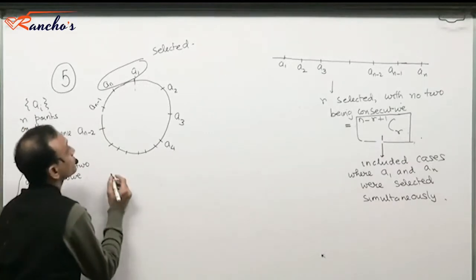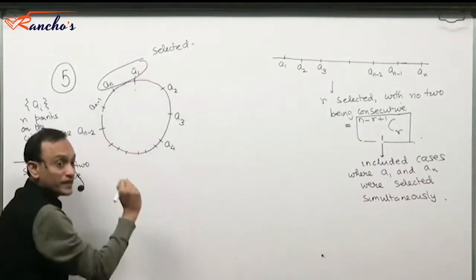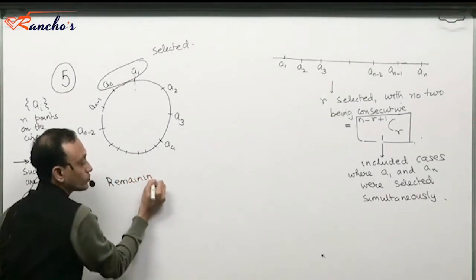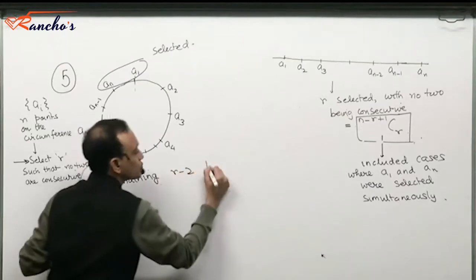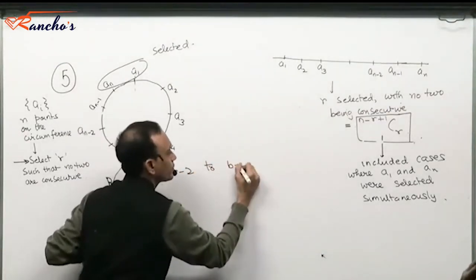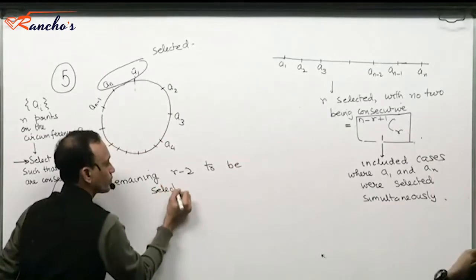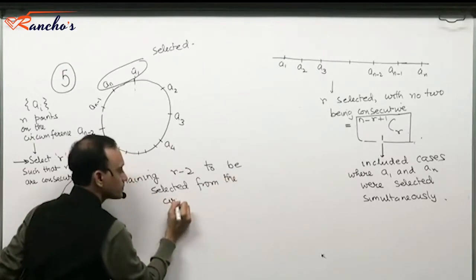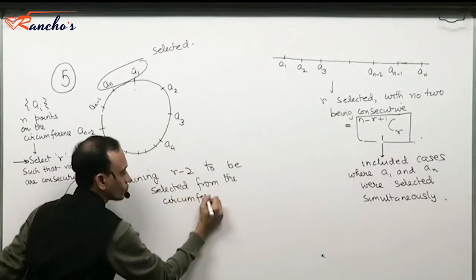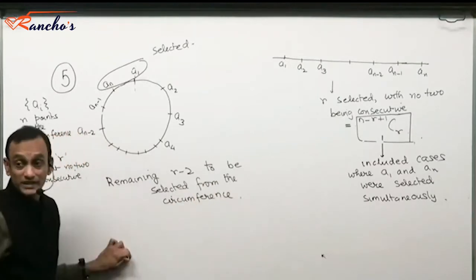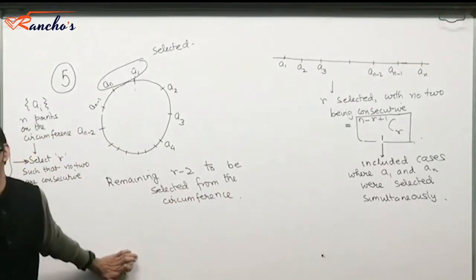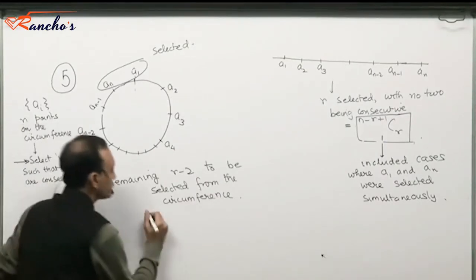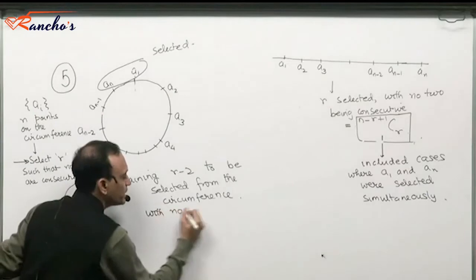And the remaining, so I have to select R, the remaining R minus 2 have to be selected from the circumference, with no two being consecutive. Yes or no? You know what I'm saying?